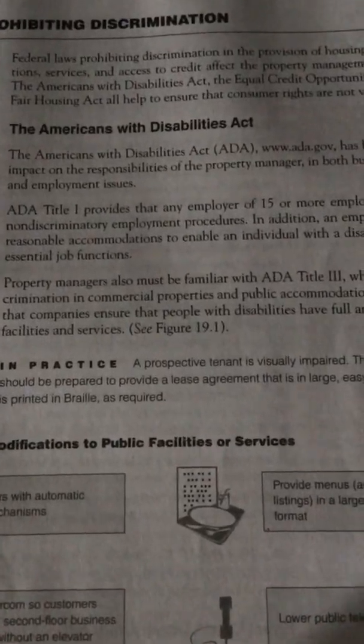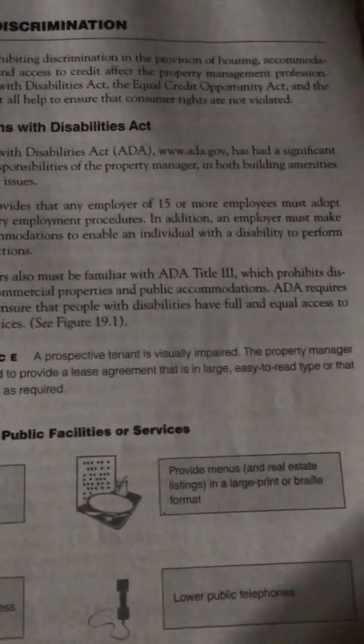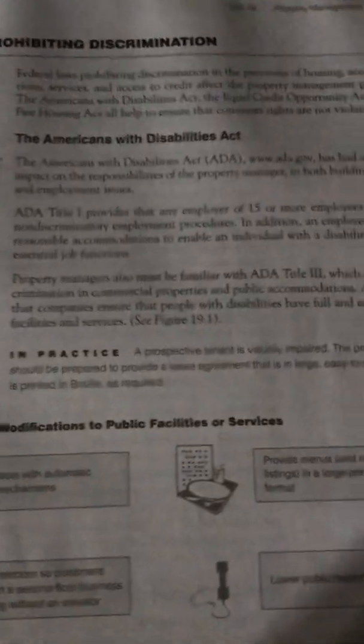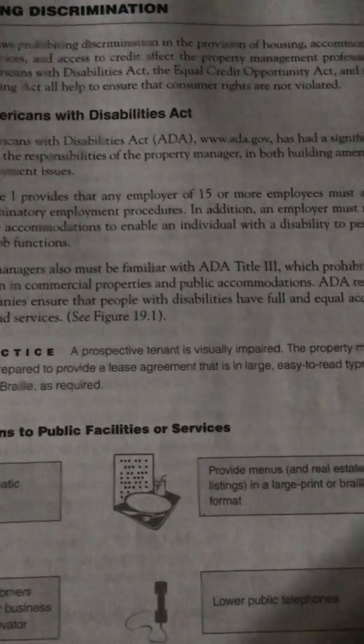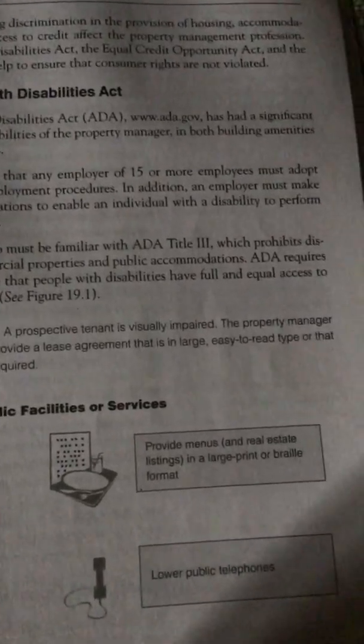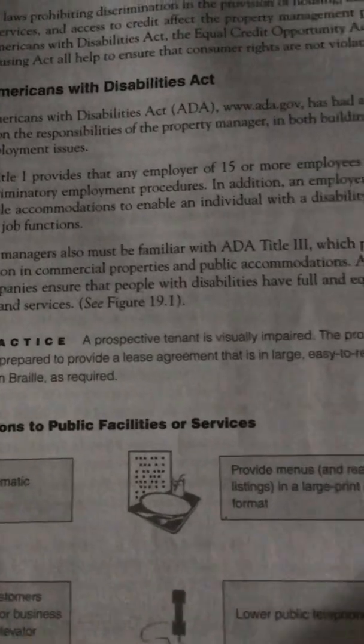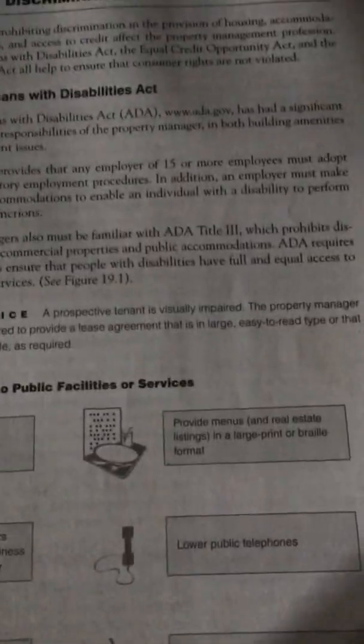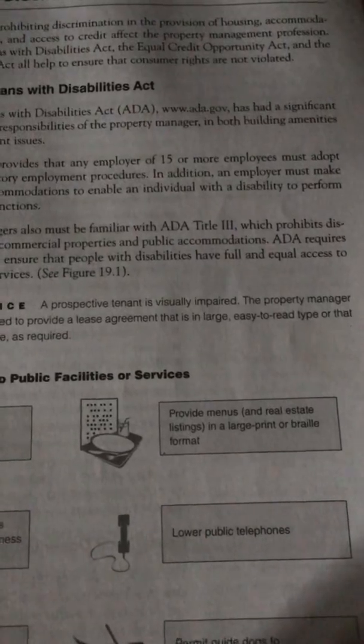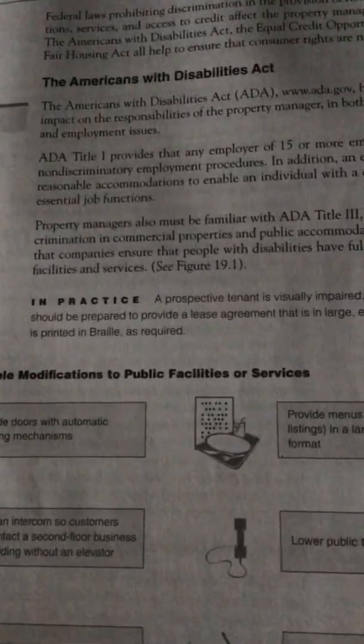ADA Title I provides that any employer of 15 or more employees must adopt non-discriminatory employment procedures. In addition, an employer must make reasonable accommodations to enable an individual with a disability to perform essential job functions.